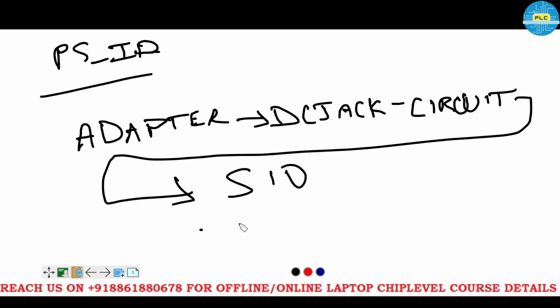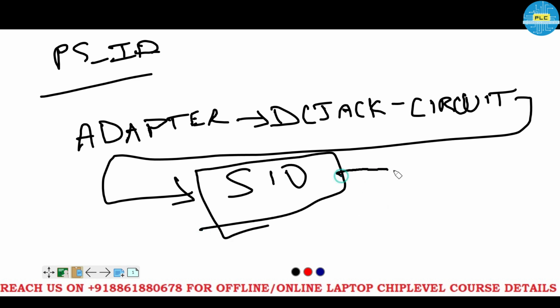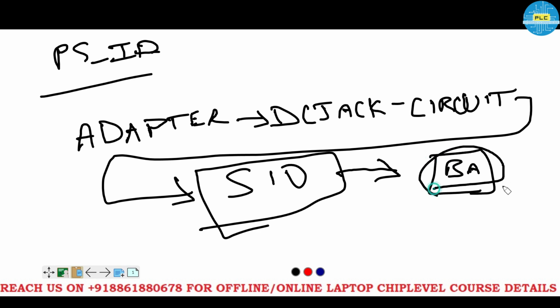Super IO. Okay, then the Super IO will decide whether your battery will charge or not. To start the battery charge, to enable the MOSFETs, the high-low MOSFETs enabling technique depends on this adapter ID.